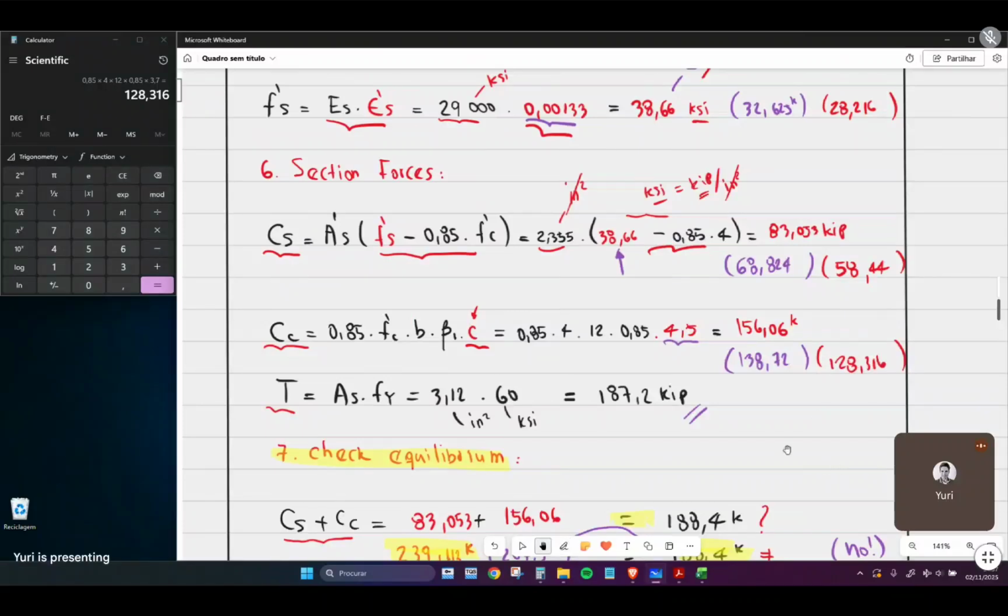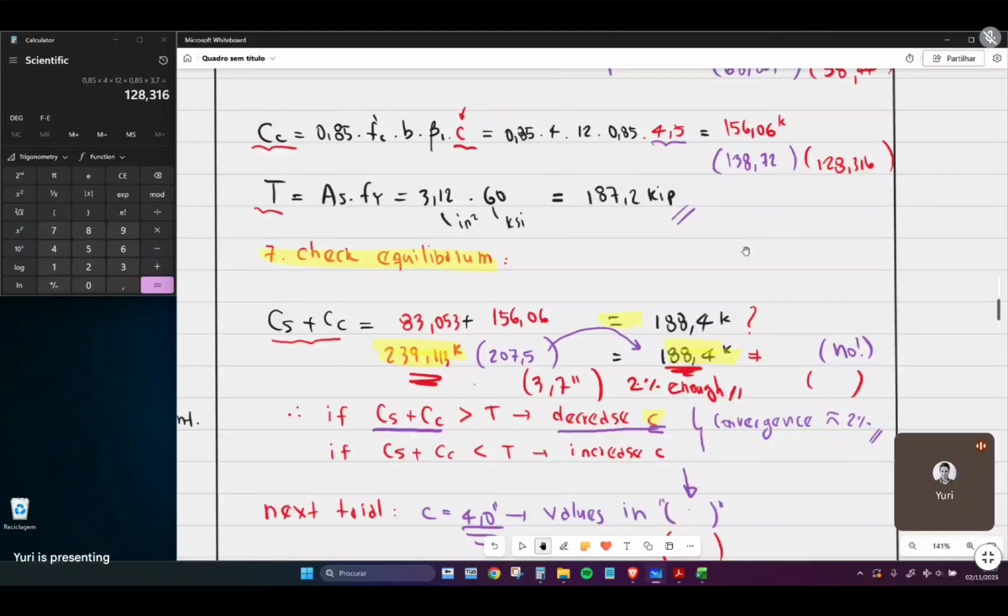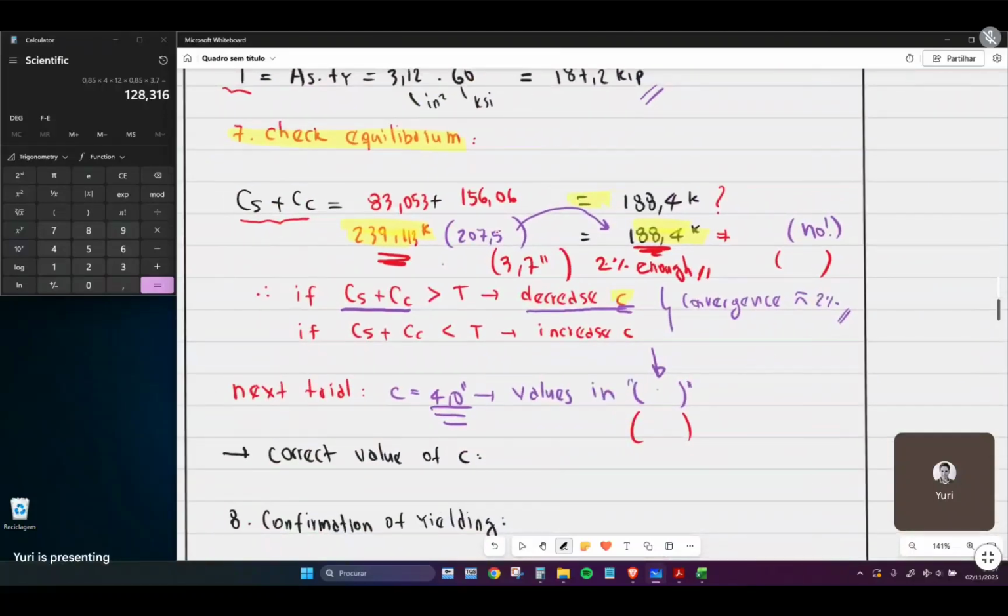All right. And now if we add them together, the next result that we're going to get, I put this wrong, in here it is 3.7 inches.